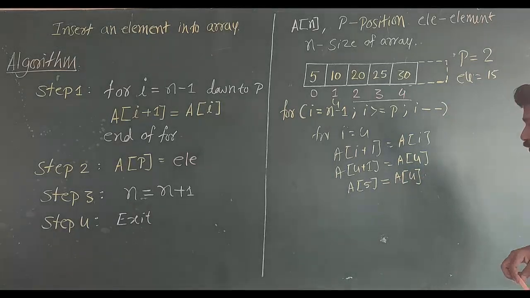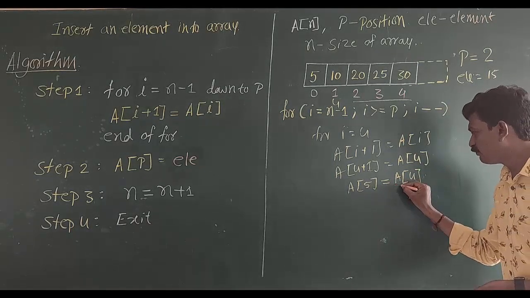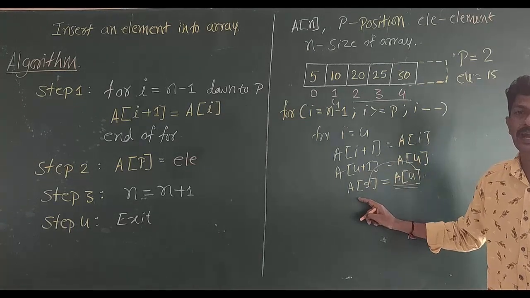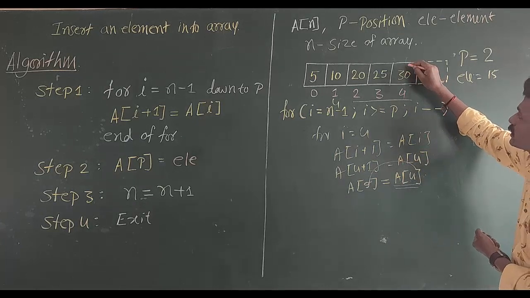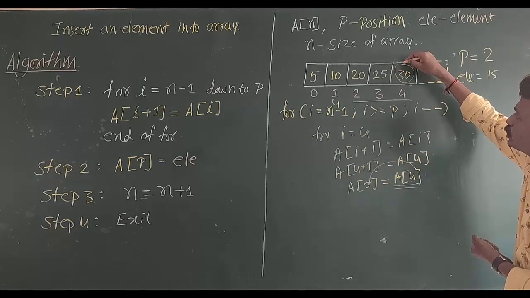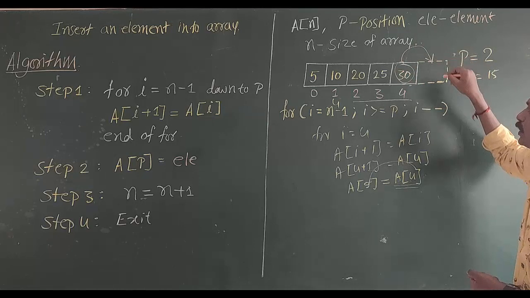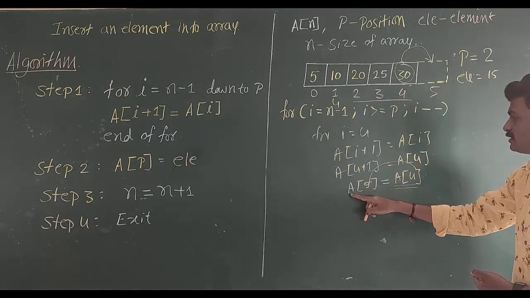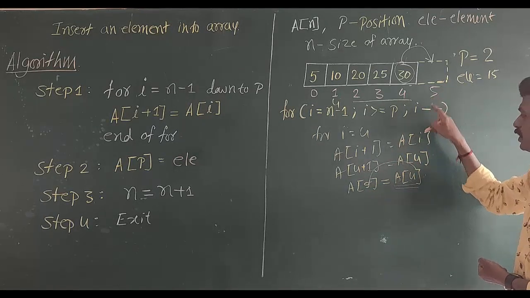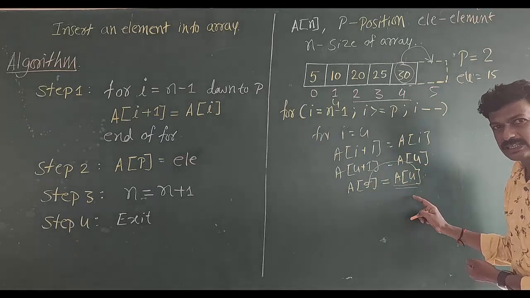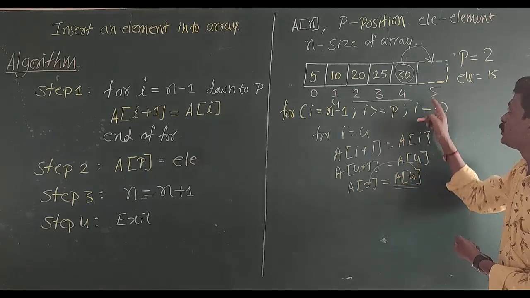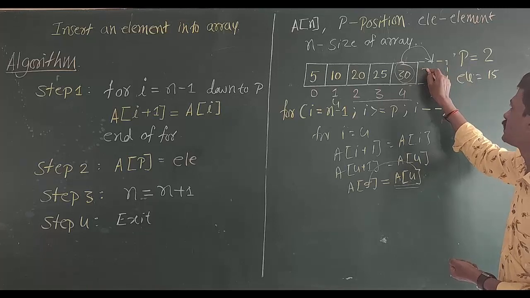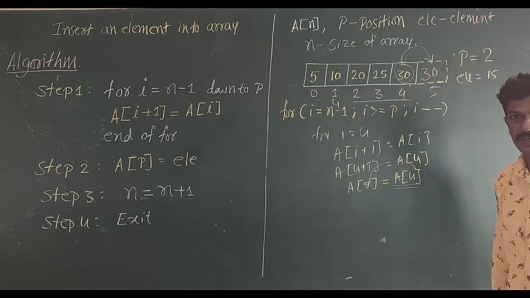Whatever value I have at index 4 is assigned to the 5th index. Now the content of A of 4 is copied to A of 5. Now I am copying element 30 into index 5.